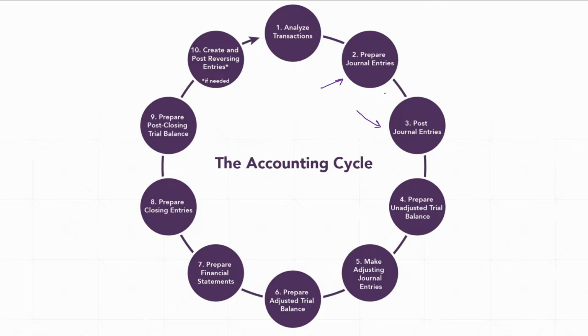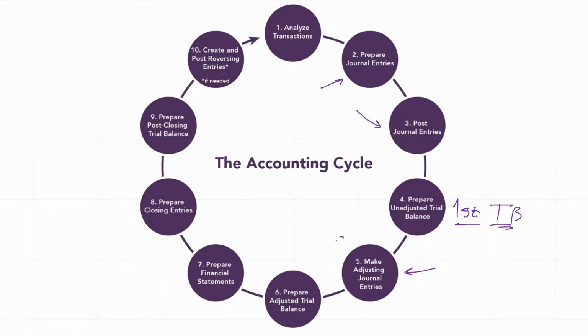Posting journal entries means to transfer data, the amount of each account, into our ledger. Then we move on to step 4 and we prepare our very first trial balance, also called the unadjusted trial balance.